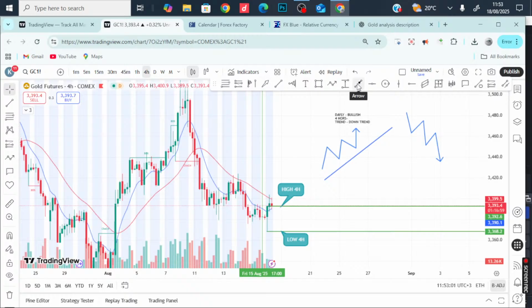So you can see, for this, the market was moving in a downward trajectory. So from here, it's lower low to higher high, to higher low, to higher high, to higher low, to higher high. Yet from here, it's a higher high to lower low to higher low.